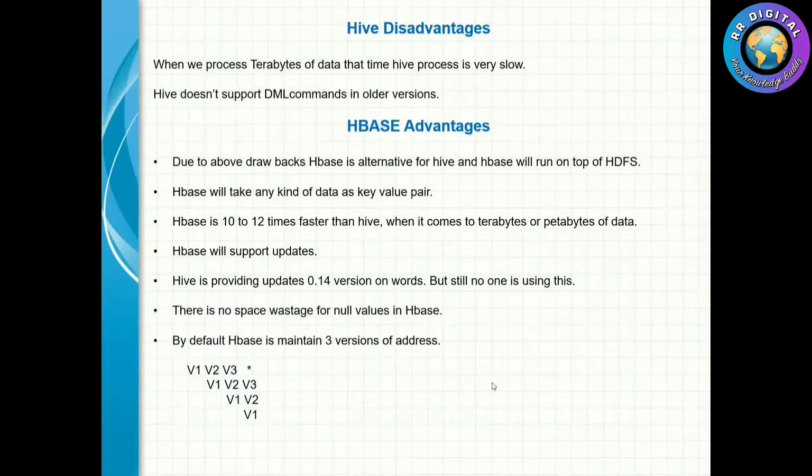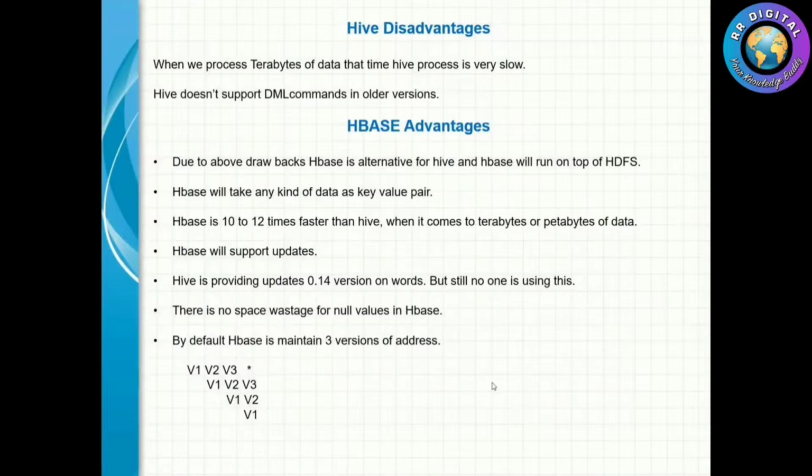And an HBase advantage: HBase is basically an alternative for Hive, and also it will run on top of HDFS. Also another advantage, backend it will store your data in key value pair format.